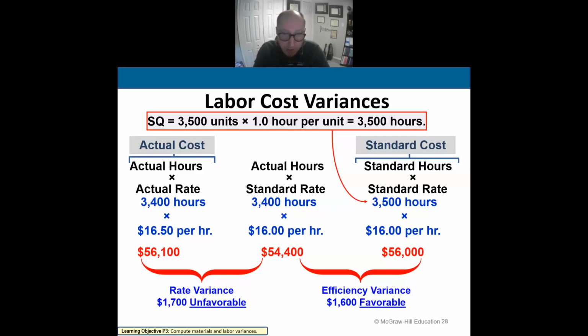So that's pretty cool. My efficiency was favorable. However, my rate variance was unfavorable, and we know it's going to be unfavorable by $100. How do we know that? Because 1,700 minus 1,600 is 100, and it's on the unfavorable side. Make sense? Yes, it makes sense. All right, cool.